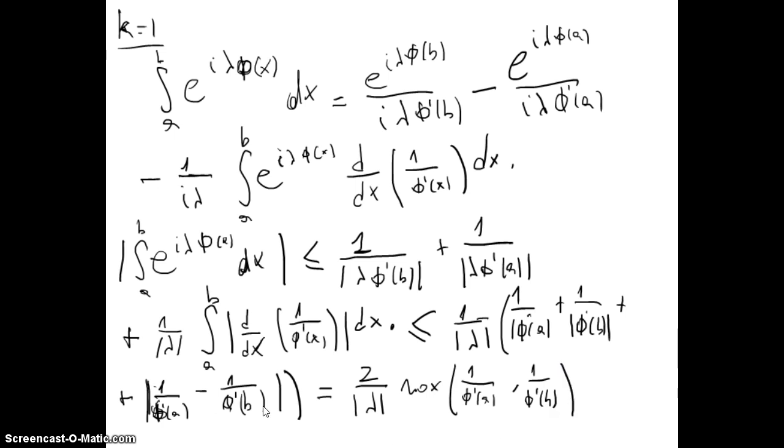Okay, because we just have to decide which one is the biggest of the two, and we just take that one and sum it. And okay, 2 over lambda. Okay, and phi prime is greater than or equal to 1, so then we can say that this is less than or equal to 2 over lambda. This will be for k equals 1.